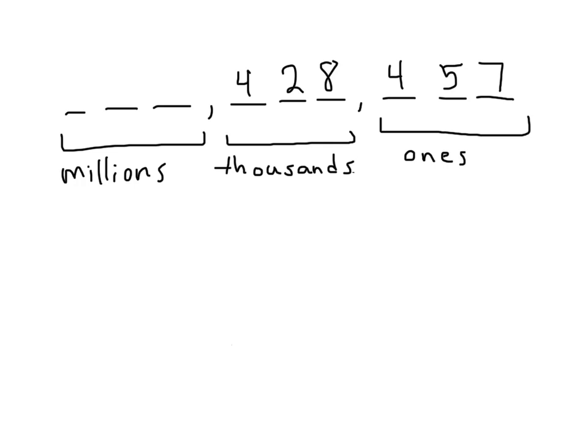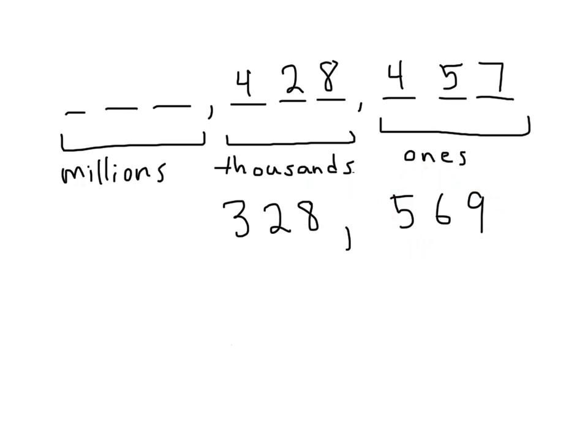Okay, so if we have a number such as this, again, we read the first 3 digits like it's just a 100 number, 328,569.